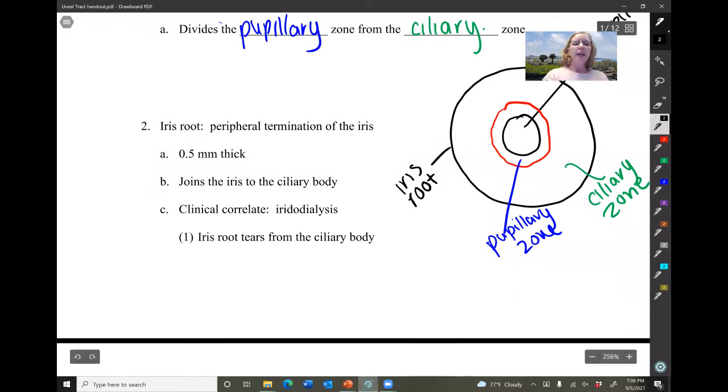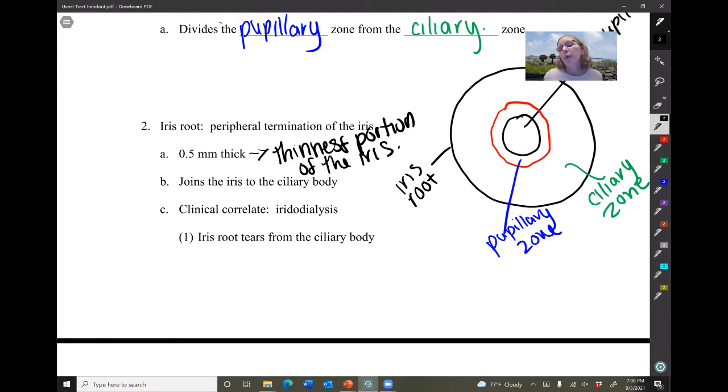So it's only 0.5 millimeters thick, which is the thinnest portion of the iris. Now you might ask yourself, why is it important that we know that the iris root is the thinnest portion of the iris? Well, we have a clinical condition called iridodialysis.